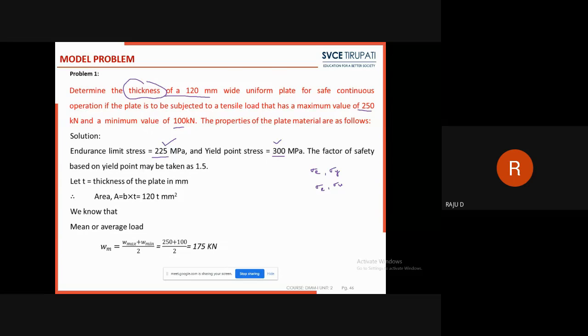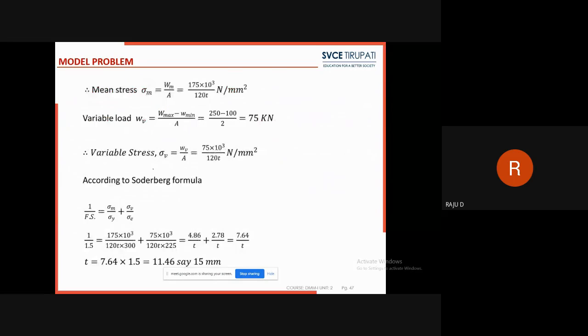What is the formula? 1 by factor of safety is equal to sigma m by sigma y plus sigma v by sigma e. This is a basic formula. In this formula, they already give sigma y and sigma e. Our work is to first calculate sigma m and sigma v. How to calculate sigma m value?